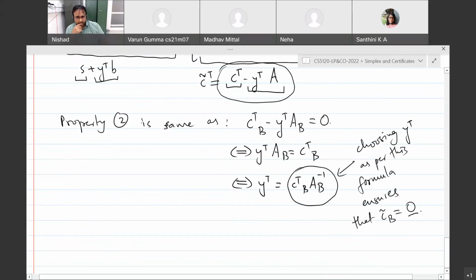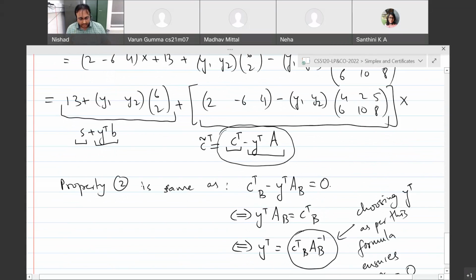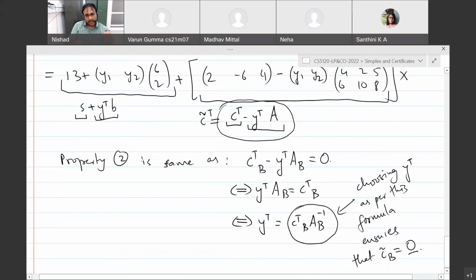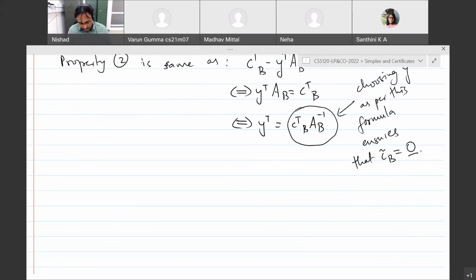So that's exactly what we are going to do. We are going to choose Y as per this formula. And if you do that, you make sure that the new objective function, which is equivalent to the original objective function, because we just took the original and added a 0 to it based on our constraints, has all of those entries become 0 because we chose Y as per this formula.